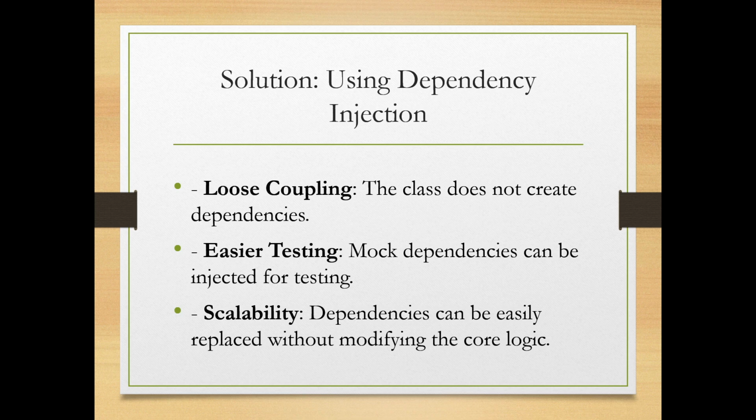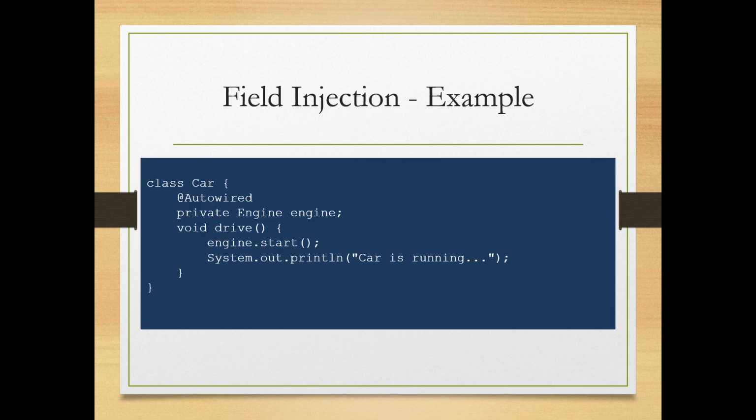Now let's see different ways to implement dependency injection in Spring. Field injection. So field injection is another way to inject the dependency, but instead of using the constructor, we directly inject the dependency into the field using the Spring @Autowired annotation. This makes the code cleaner, but it has some drawbacks.